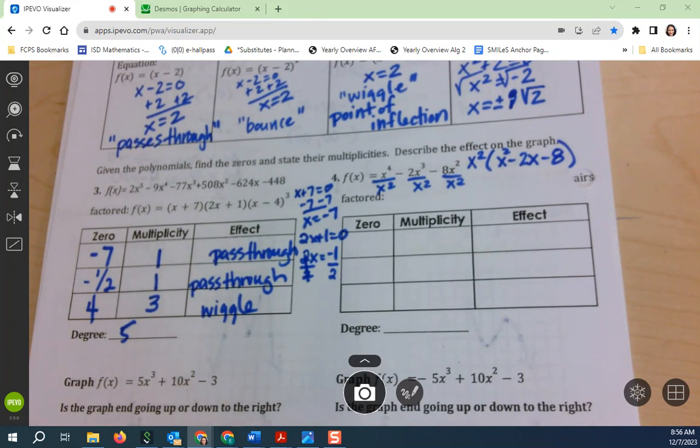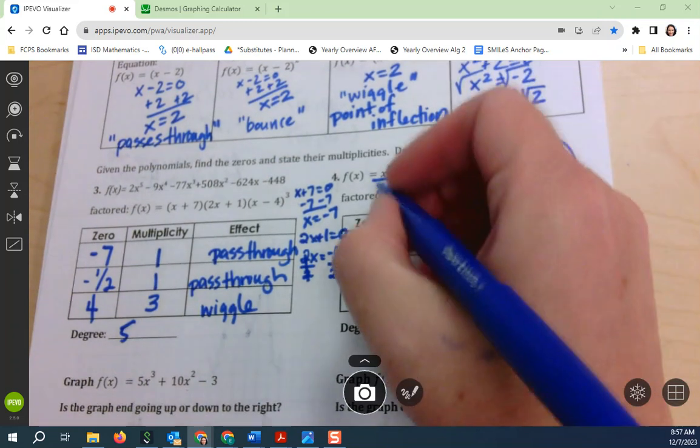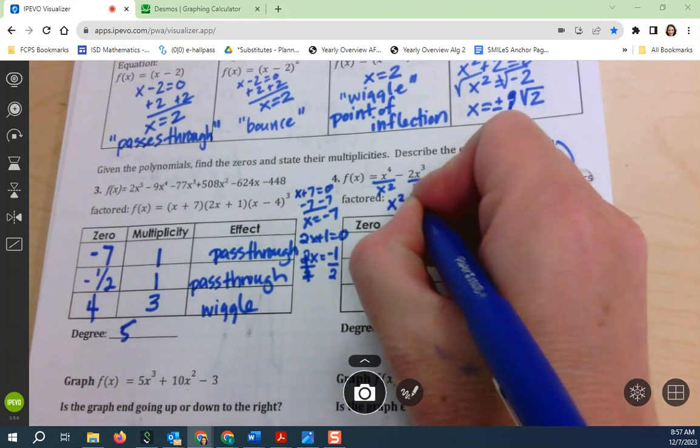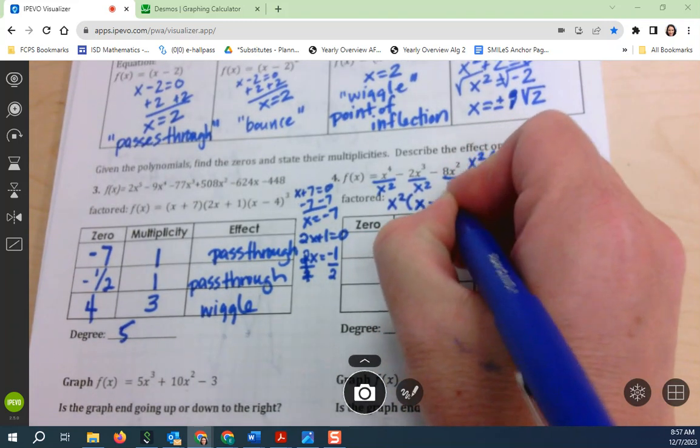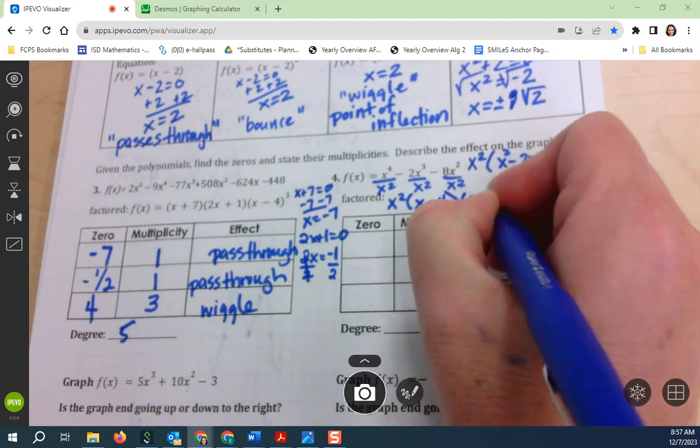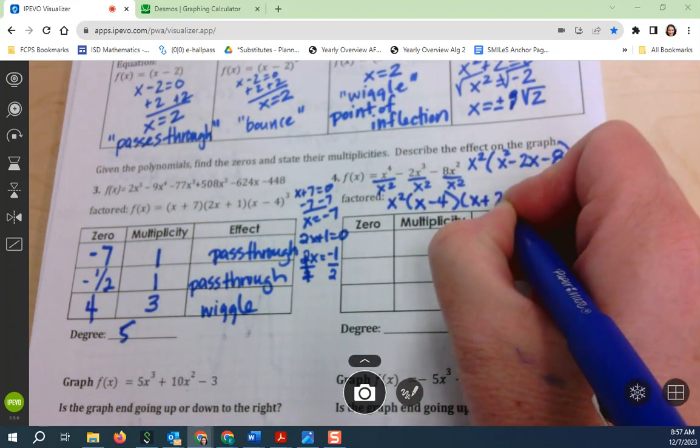What numbers multiply to -8 and add to -2? -4 and what? And 2? Does that work? Yeah. Great. All right. So the factored form is x squared, x minus 4, and x plus 2.